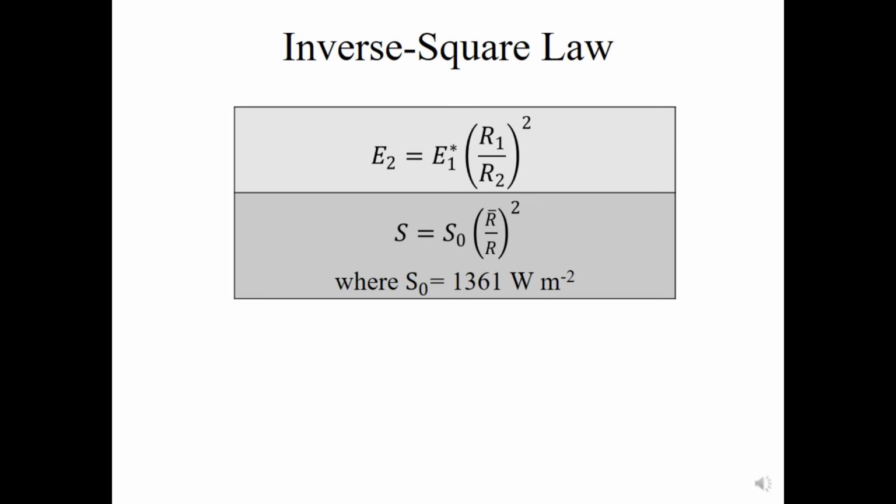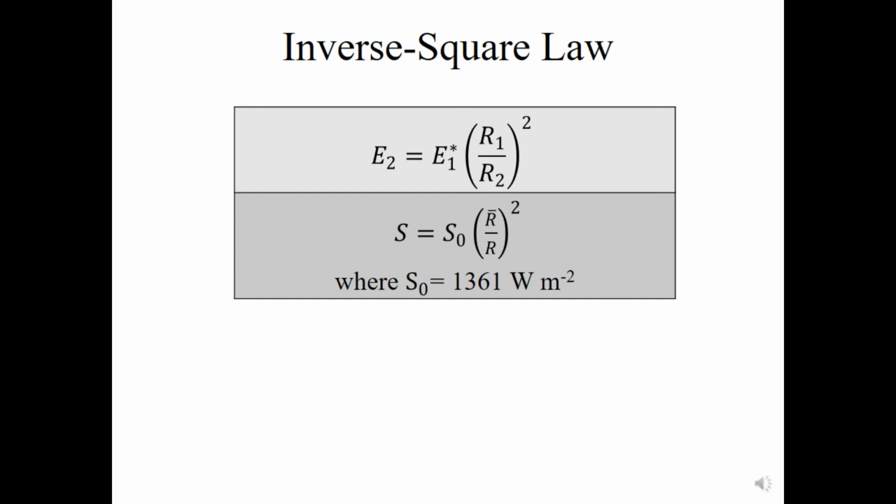So we have essentially the irradiance at some distance 2 is equal to the blackbody irradiance at position 1, divided by the relative radii of the two objects. So you have the emitter, which is R1, and the distance from that emitter, which is R2.